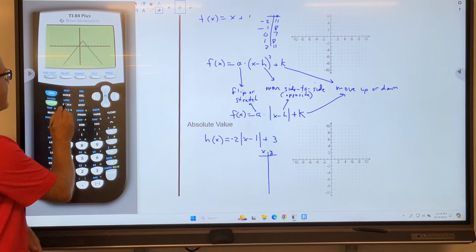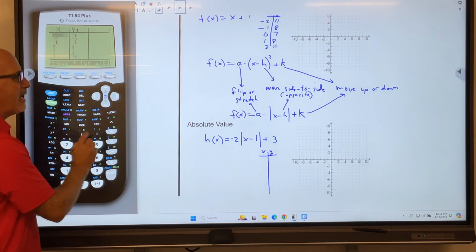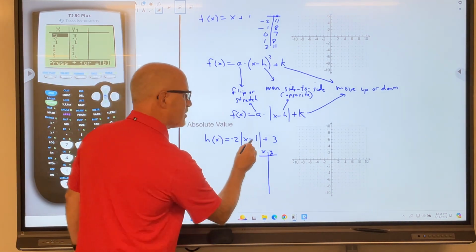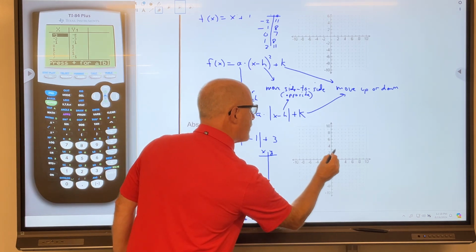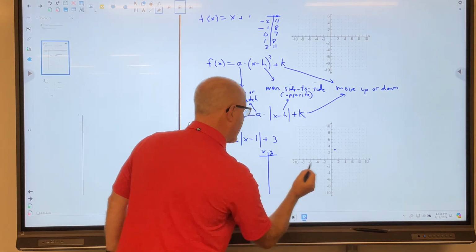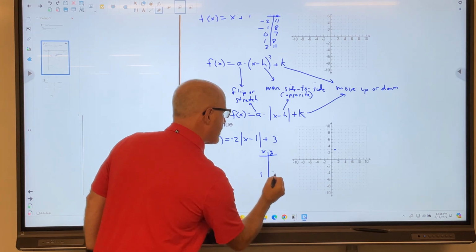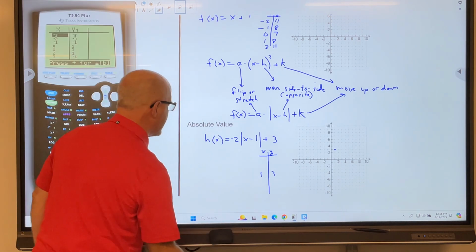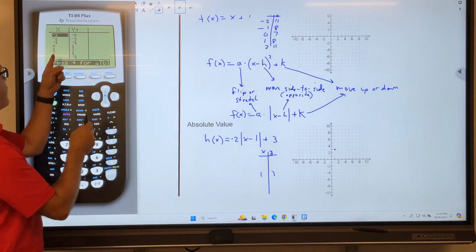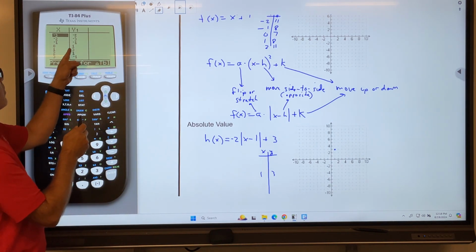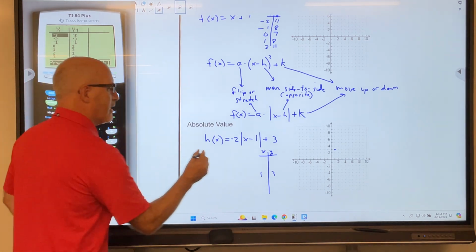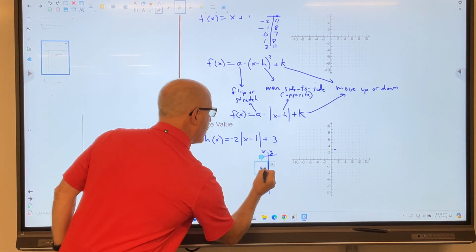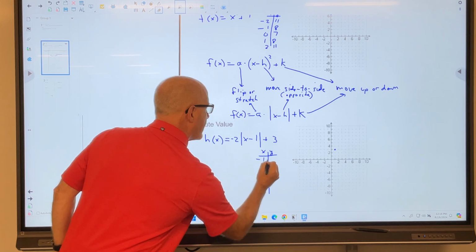If I look at my table, I'm going to center around that point. Notice I said it's going to move it over 1 and up 3. So the point 1, 3 is going to be in the middle of my table so that I can see what happens around it. If you look at 1, 3, I get 0, 1, -1, -1.